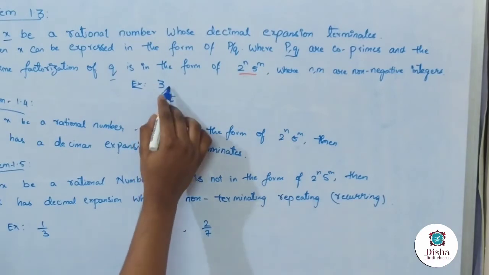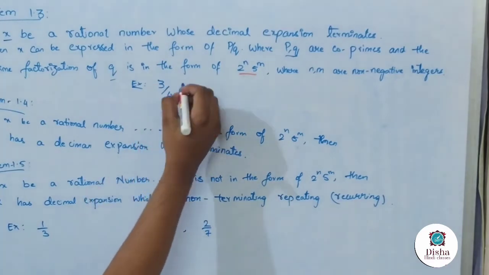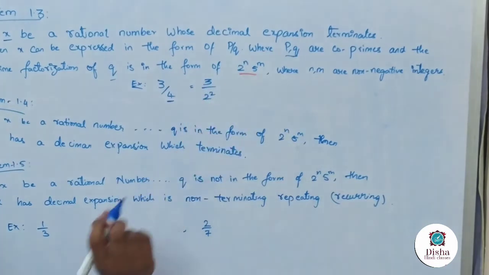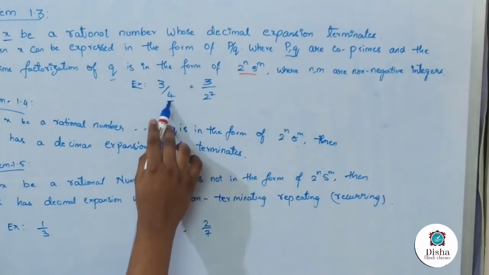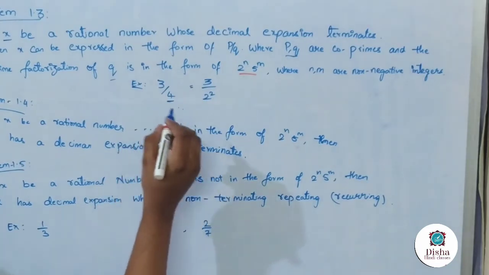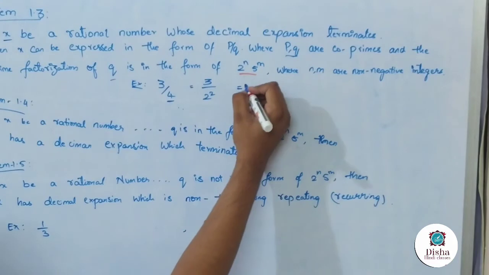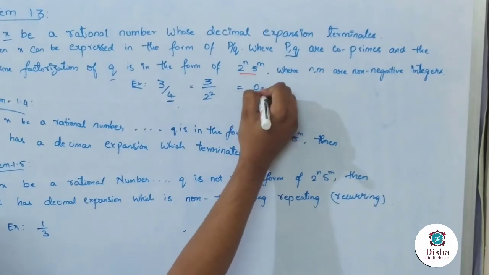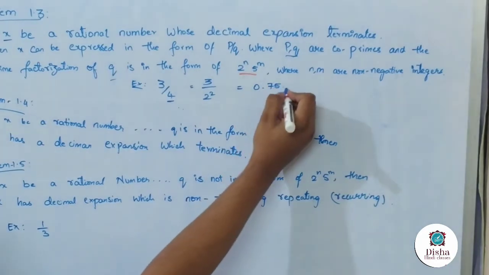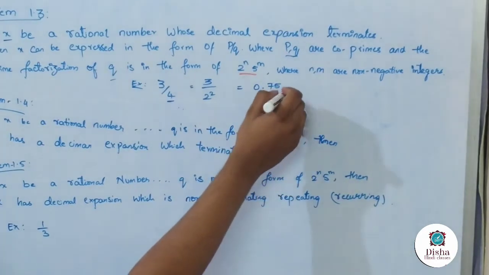So let us take an example, that is 3 by 4. We can write 4 as 2 square, right? So it is terminating because we can write 3 by 4 as 0.75. Right? This number is ending here, which means it terminates.